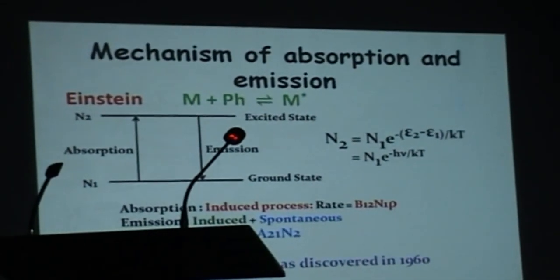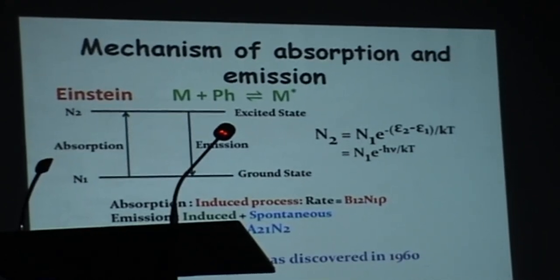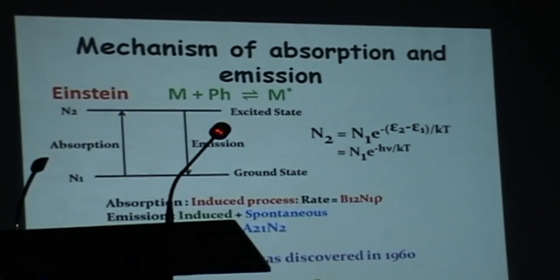So the B coefficients have the same significance. The A coefficient is something different. And in deriving Planck's equation, Einstein had to assume that the A coefficients and B coefficients are related by this equation.